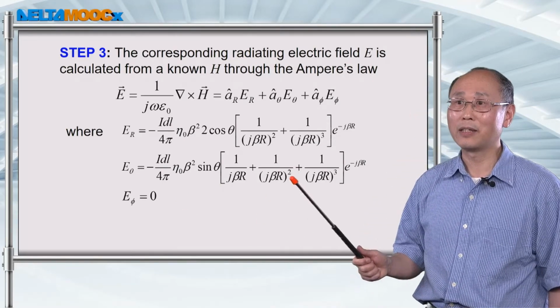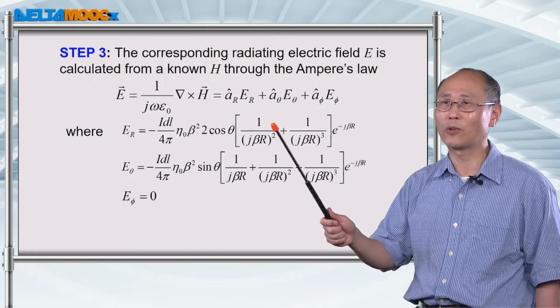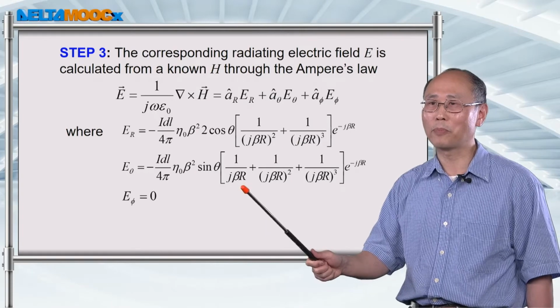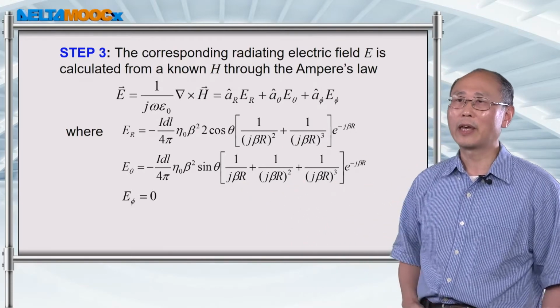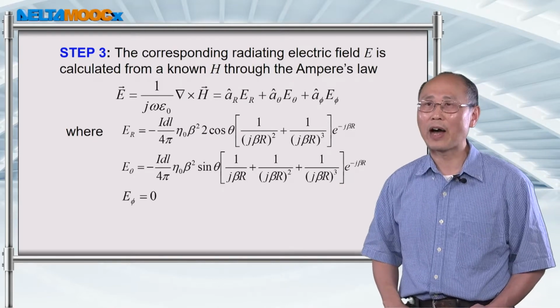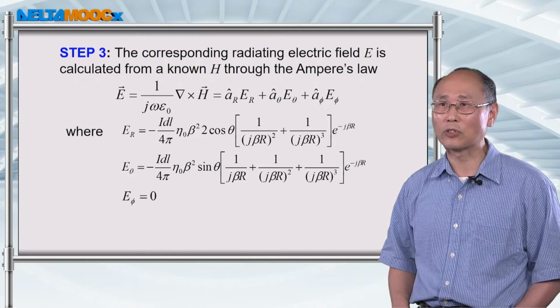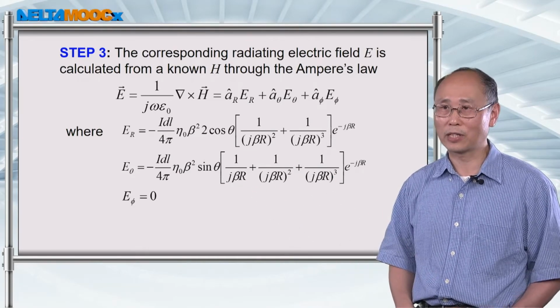And this expression is a little bit tedious. You have terms with 1 over beta r to the power of 1, to the power of 2, to the power of 3. And so we're going to divide the discussion into near field zone and far field zone, depending on which terms are significant.